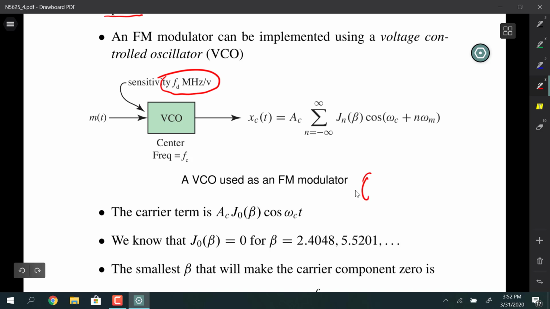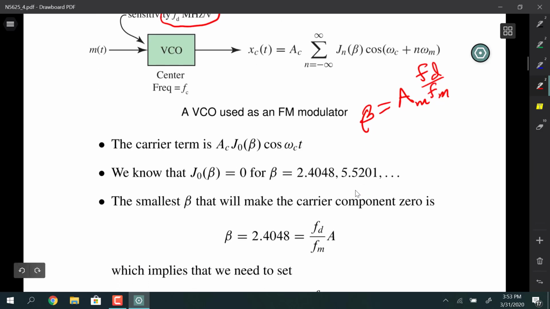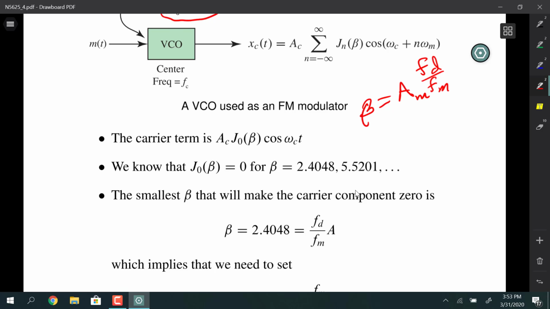But what we're looking for then is, when does that happen? Well, beta is equal to A_m times fd over fm. So in order to solve that, we have to find out what the amplitude is.